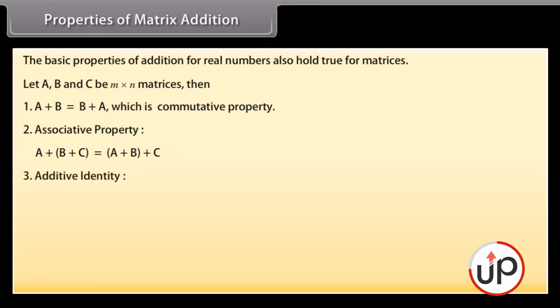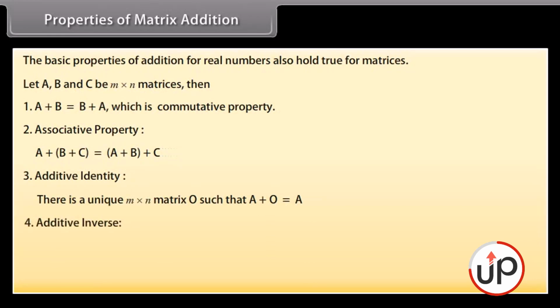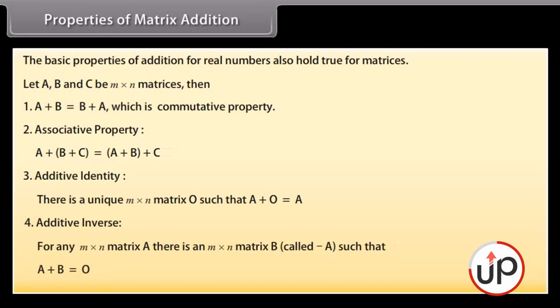Additive identity: there is a unique m by n matrix O such that A plus O is equal to A. Additive inverse: for any m by n matrix A, there is an m by n matrix B called minus A such that A plus B is equal to O.